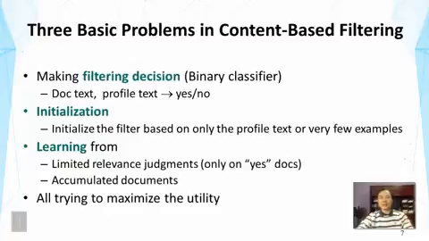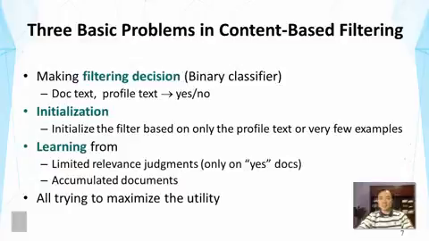And we have to initialize the system based on only very limited text description or very few examples from the user. And the third component is the learning module, which has to be able to learn from limited relevance judgments, because we can only learn from the user about their preferences on the delivered documents.